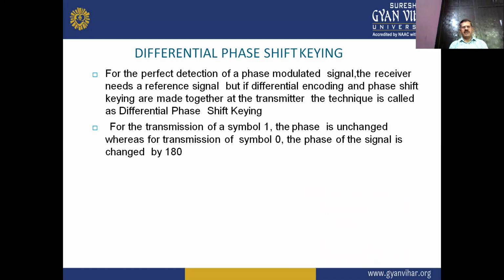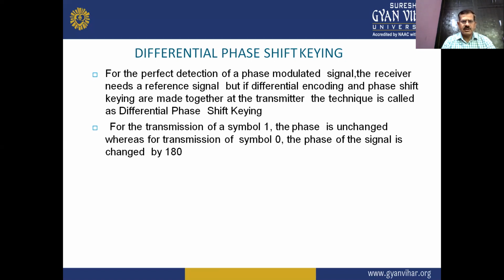The next one is differential phase shift keying, DPSK. For the perfect detection of phase modulated signals, the receiver needs a reference signal. What if differential encoding and phase shift keying are made together at the transmitter? The technique is called differential phase shift keying.